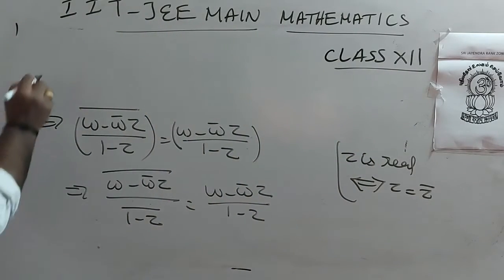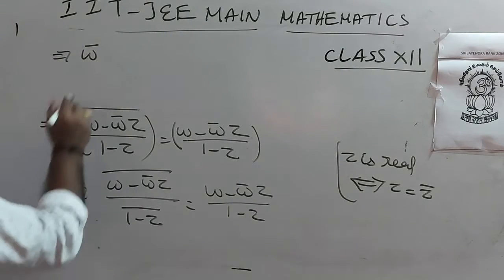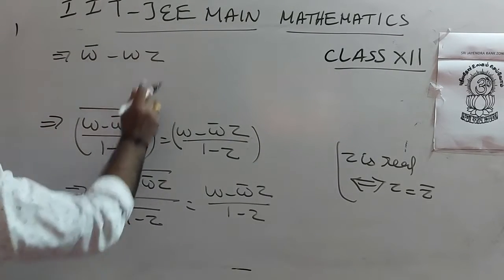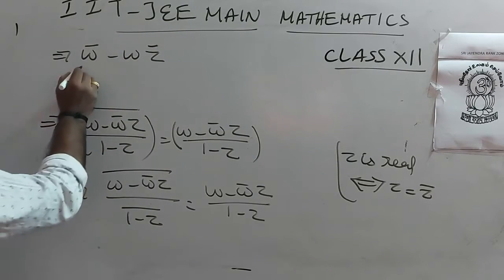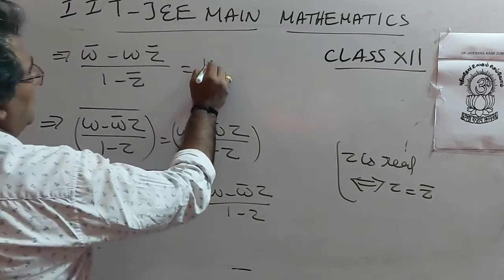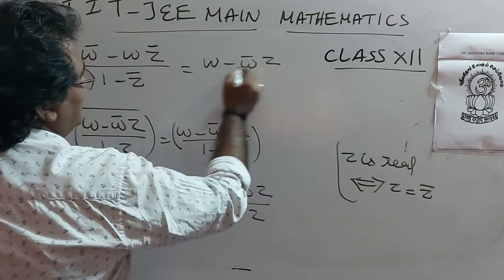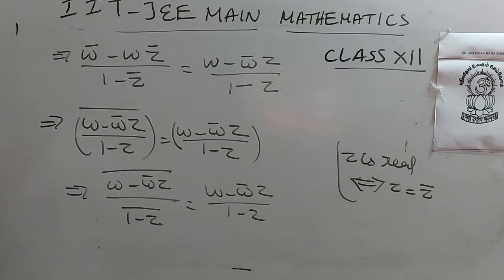The next step, omega bar minus omega z, omega double bar equal to omega, here z bar divided by 1 minus z bar equal to omega minus omega bar z divided by 1 minus z.